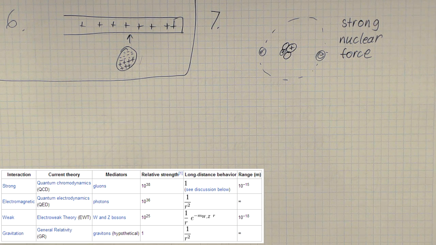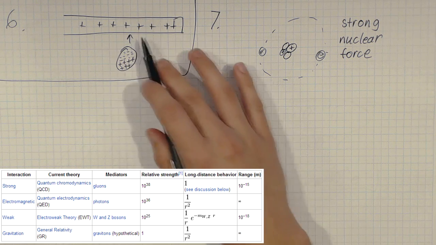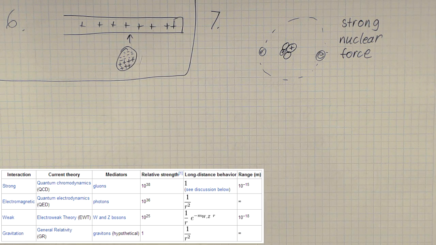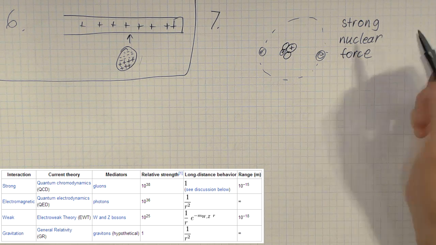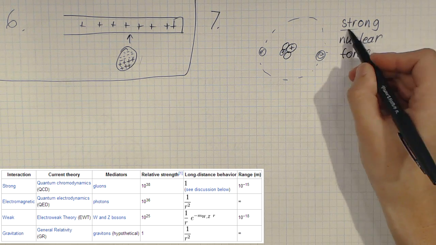But it's one of the 4 fundamental forces, 2 of the others of which are gravity and electromagnetism. Electromagnetism is a lot of what we're talking about in this chapter with charges and stuff like that. And gravity, of course, we know about. But strong nuclear force is, well, as you can guess by the name, very strong.